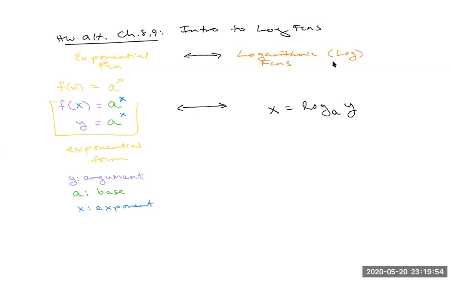Notice your argument moves. We're still going to call this the base. And x is still technically the exponent. Now let's color code.